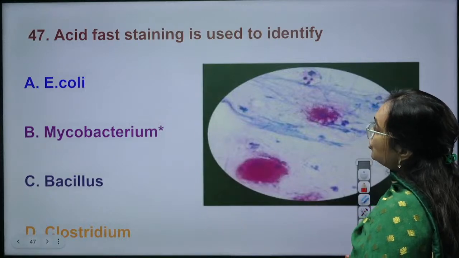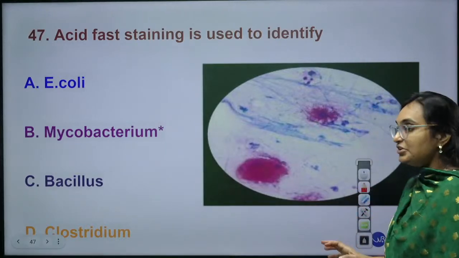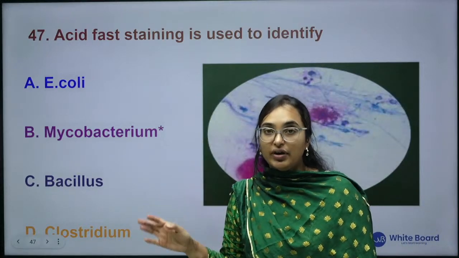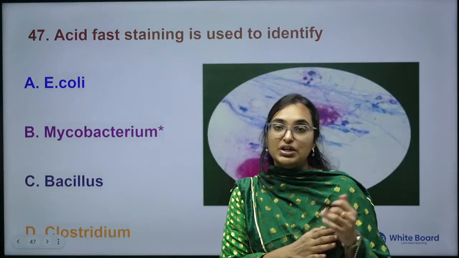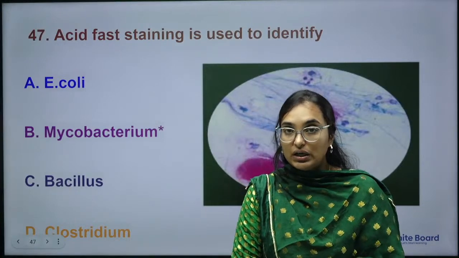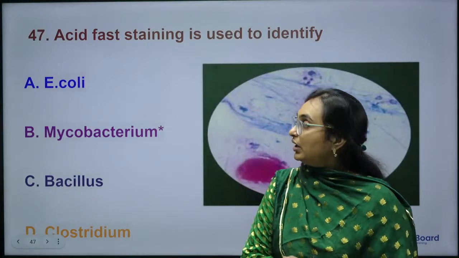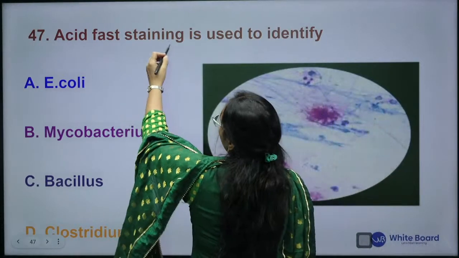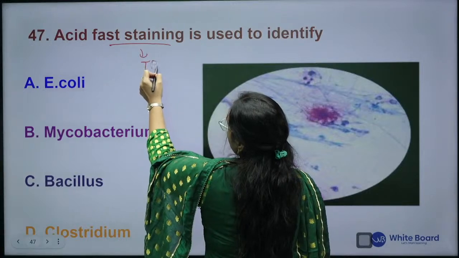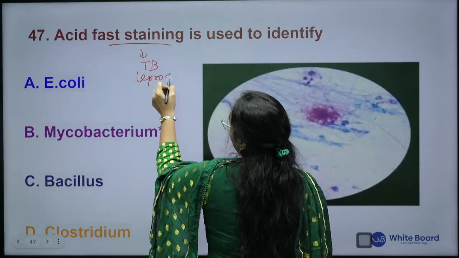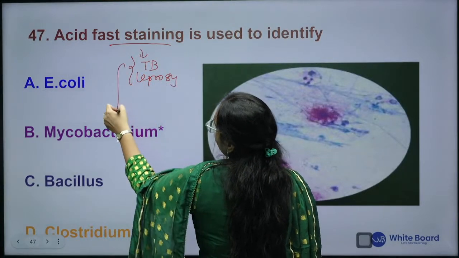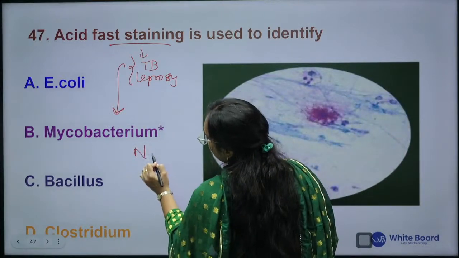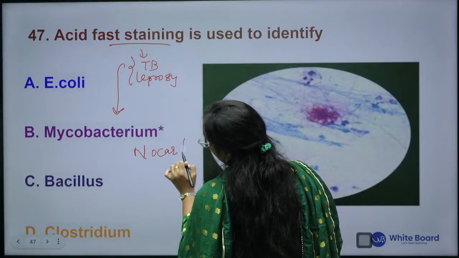Acid-fast staining is used to identify. Actually, acid-fast staining is a technique which is used to identify the organisms which are not decolorized by the acids. Okay. So, a specific bacterium that is responsible for causing TB, leprosy. Okay. So, causative agents of TB and leprosy are Mycobacterium and another species Nocardia.